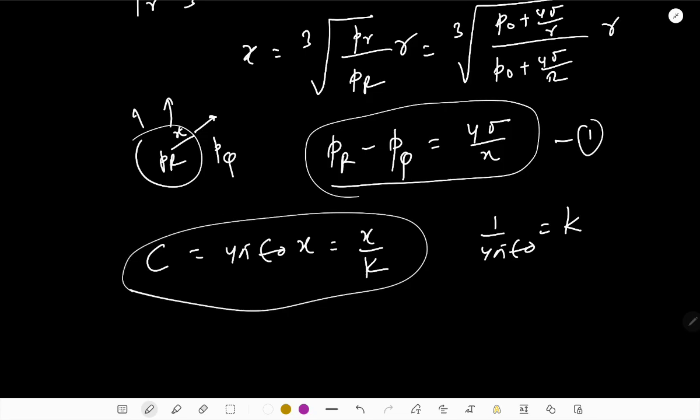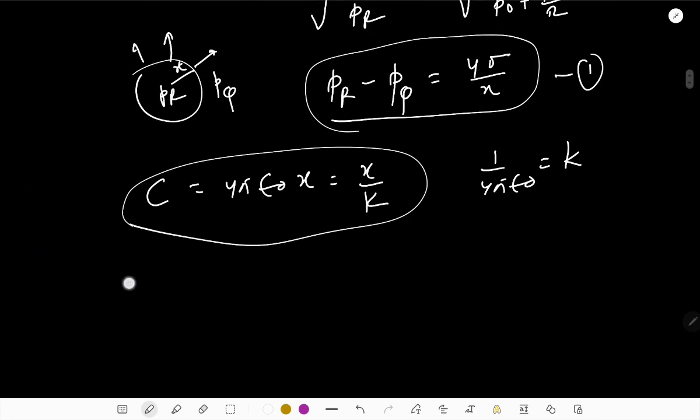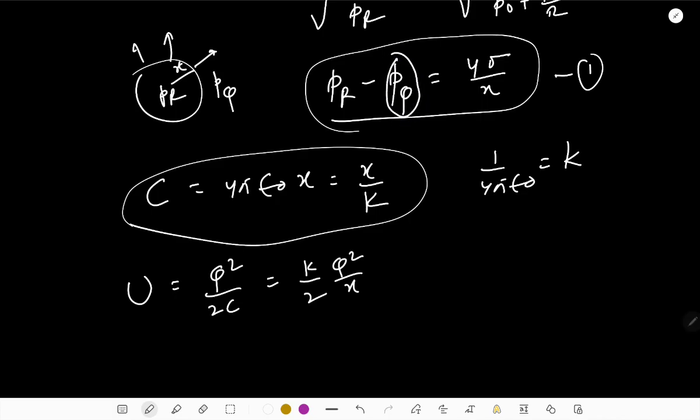So that is its capacitance, and its electrostatic potential energy is q square by 2C. I can write it as k by 2 q square by x in terms of k. And now I have to find out this P_q.